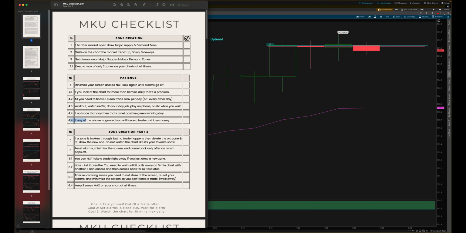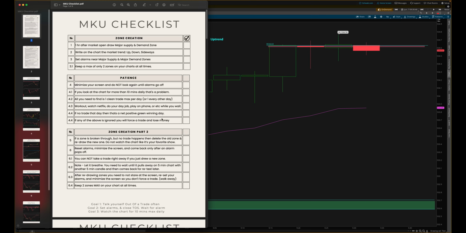And then it's supposed to be 4.5. Excuse me, that's fine. I have other errors in here as well, but it doesn't matter numerically. But next piece: if any of the above is ignored, you will force a trade and you will lose money. Guarantee. With the thousands of people who have been successful with this program, there have been people, with one-on-one coaching, who haven't been successful.